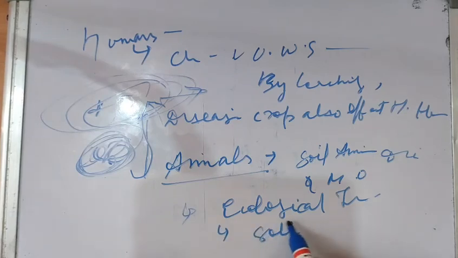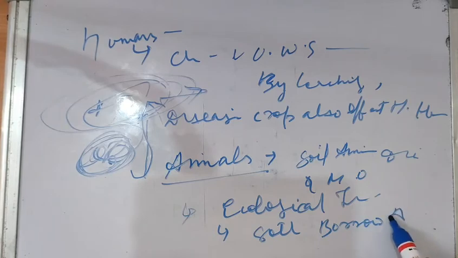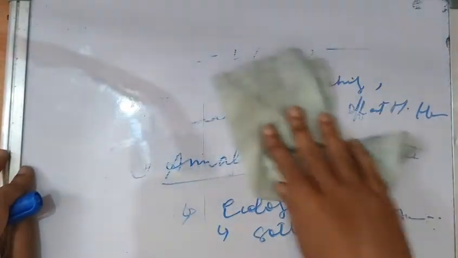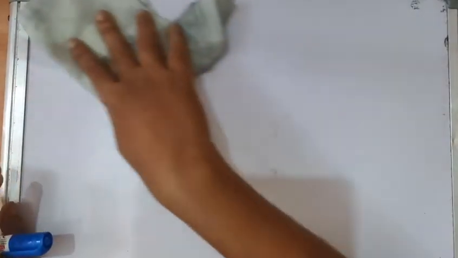Soil burrowing animals are also affected by it. So these are major concerns of soil pollution. So these were the three pollutions which you need to remember, because these very much impact our agriculture and these are very important for our syllabus.